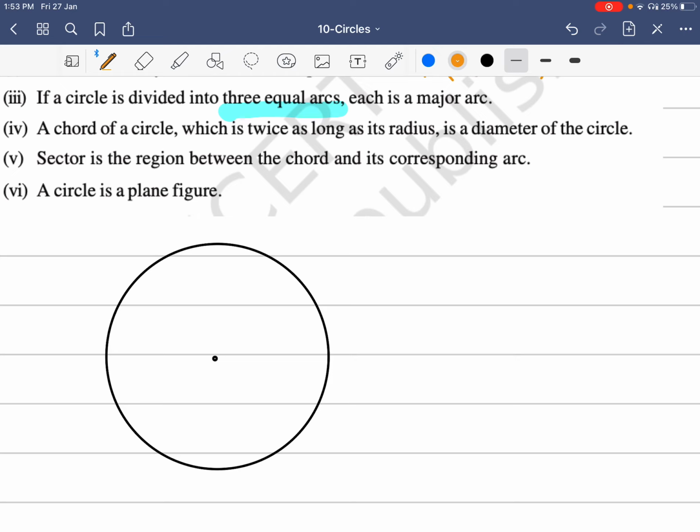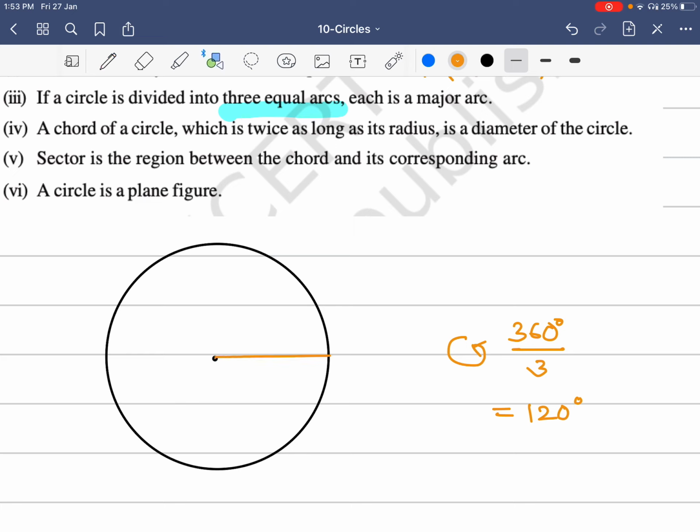A circle has a 360-degree angle. So if you want to divide it into 3 equal parts, we have to make each arc of 120 degrees. How are we going to do that?